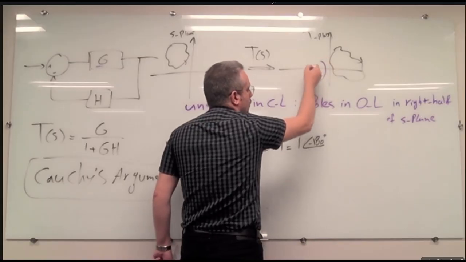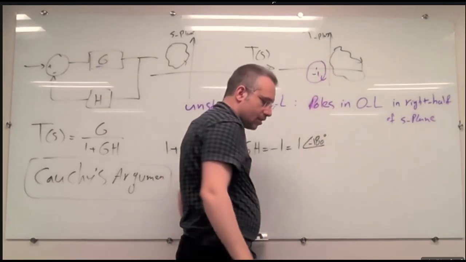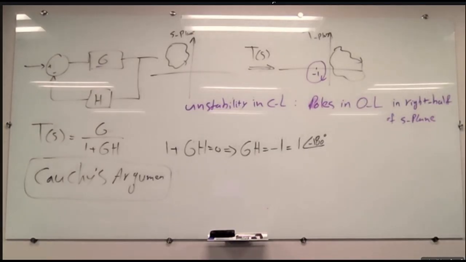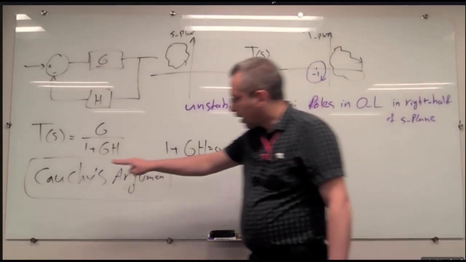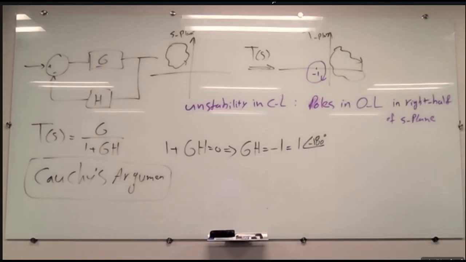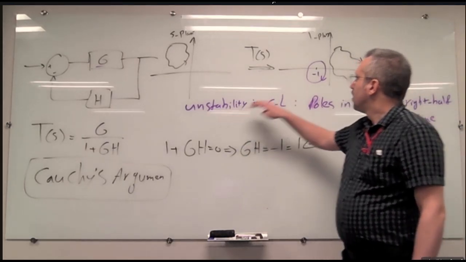Circulating should be clockwise. Circulating clockwise around the point -1. Again, you can read the Cauchy argument. I don't want to discuss all the mathematics behind it, it's too long.